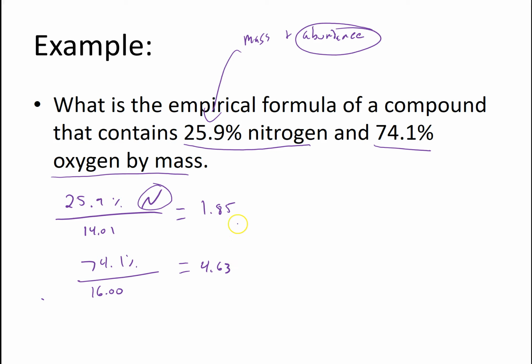So this is an actual ratio. Now that's an ugly ratio. It's really difficult to look at those two numbers and determine how many nitrogens to how many oxygens we have. Okay, so what we do is we want to put these in whole numbers because molecules form in whole numbers.